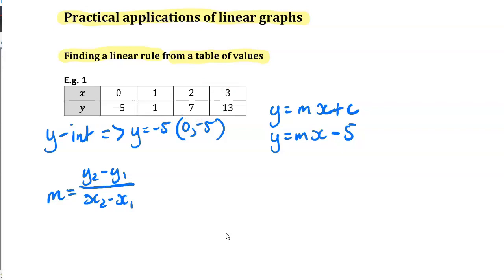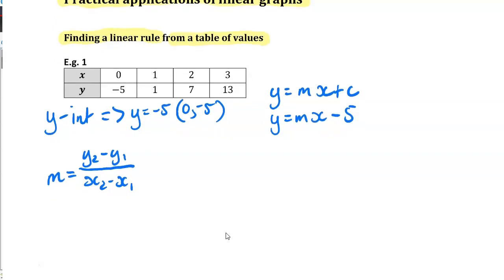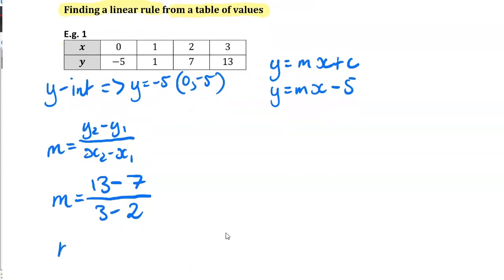But I'll also do this as well. Let's just pick these points here. So m equals 13 minus 7 over 3 minus 2. So m equals 6 over 1. Therefore, my linear rule is y equals 6x minus 5.